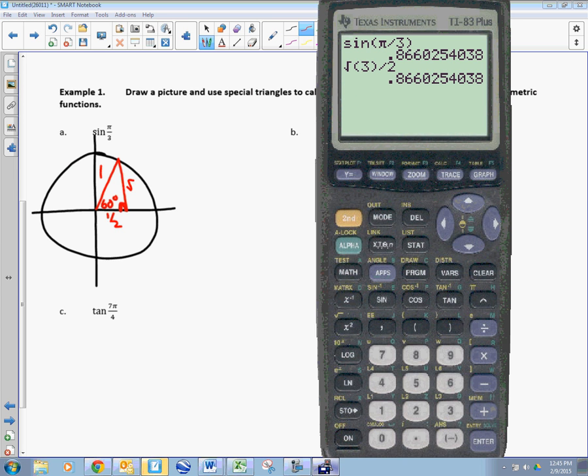And I get root of 3 over 2. So that has a terminal point. What is the coordinate? What's the x value? 1/2. And the y value? Very good. Because pi over 3 converts to 60 degrees, right?